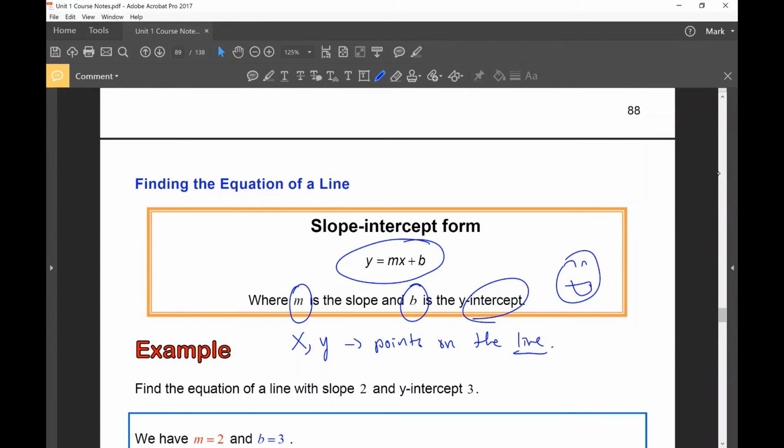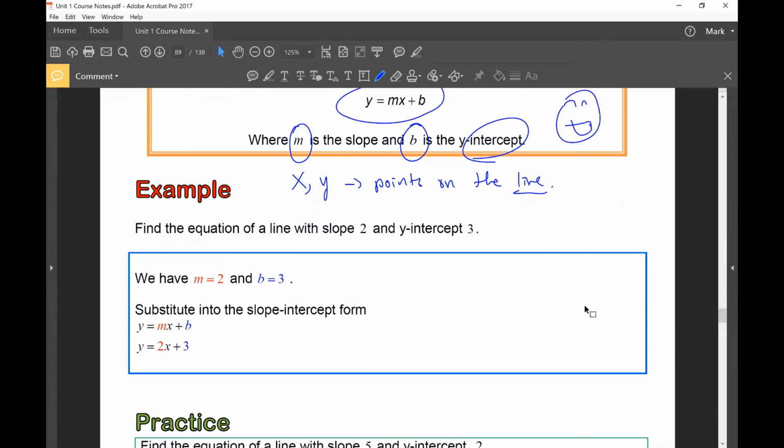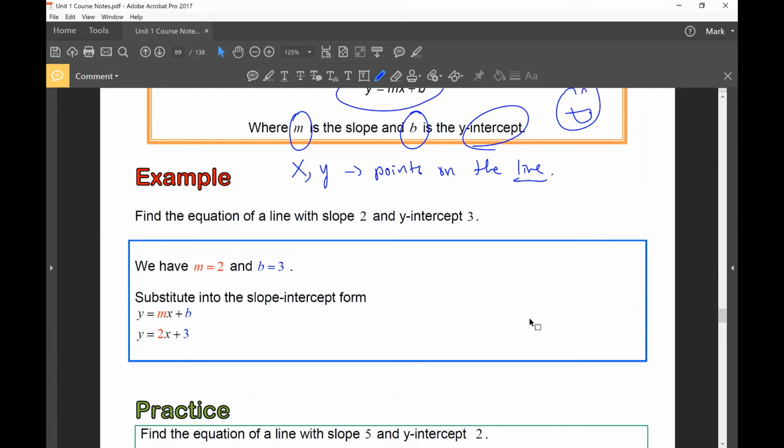Now, if any of you are confused, don't worry. We're going to look at this together. I'm going to show you how this works. We're going to start off easy. Find the equation of a line with the slope 2 and y-intercept 3. So m is 2, b is 3.